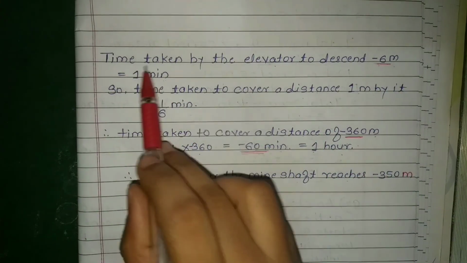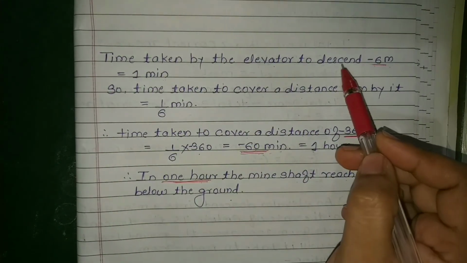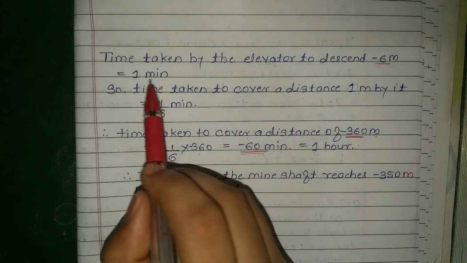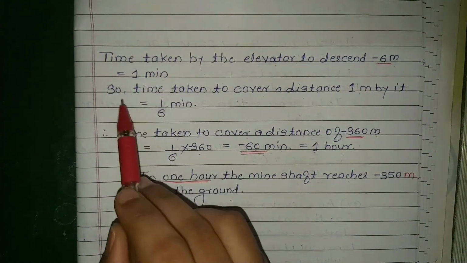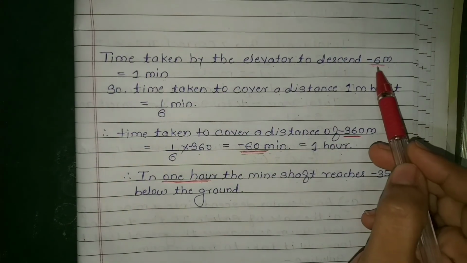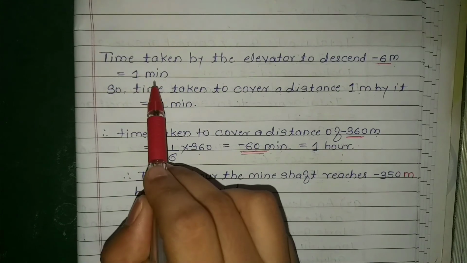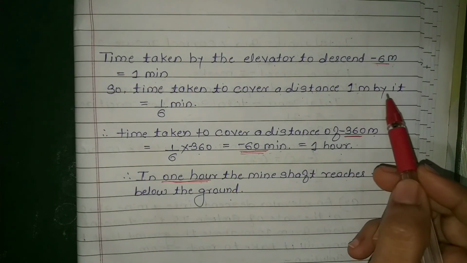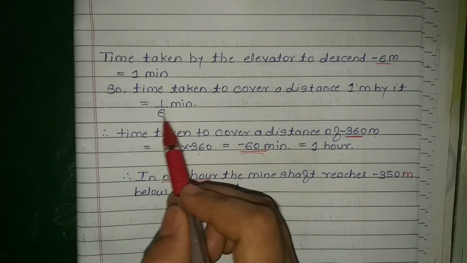So the elevator travels 6 meter in 1 minute only. So for a distance of 1 meter, it will be 1/6 minute.